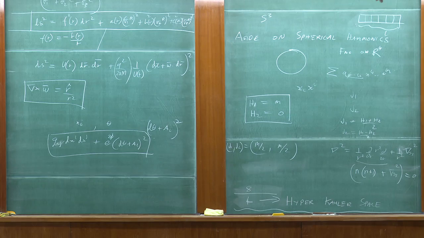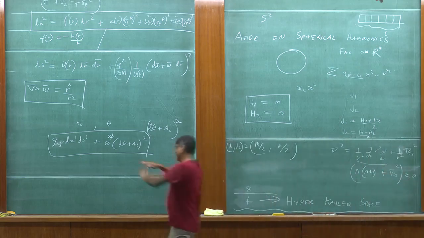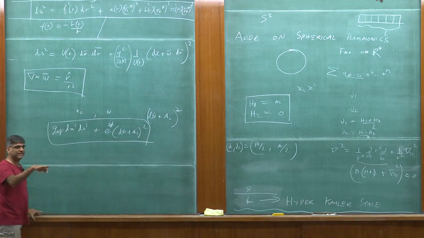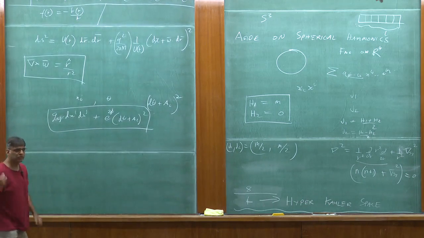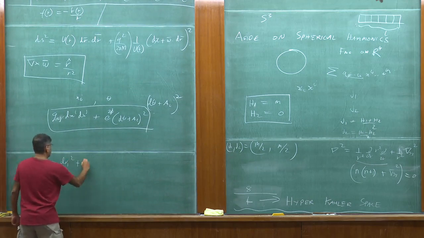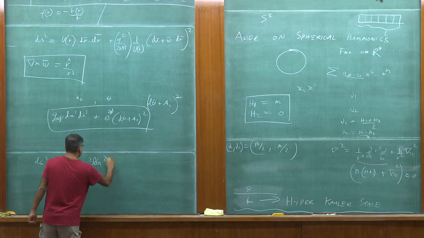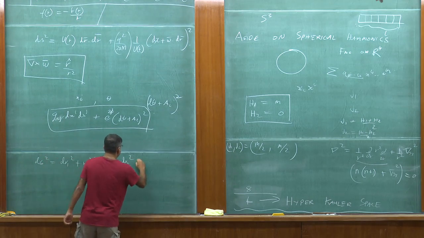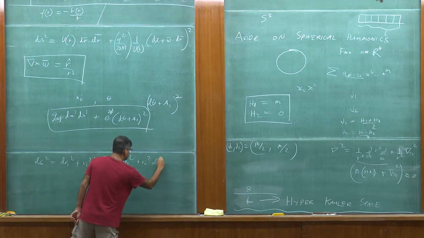So for instance, suppose we take R4 in double polar coordinates. Okay? So that we have the two planes, and the radius and angle in the two planes are R1, theta 1, R2, theta 2. The metric for R4 is dr squared equals dr1 squared plus R1 squared d theta 1 squared plus dr2 squared plus R2 squared d theta 2 squared.